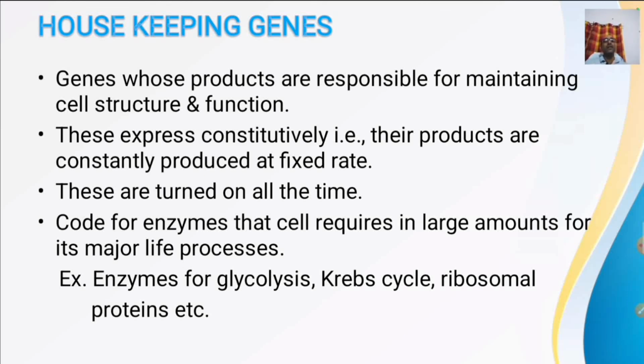But here we can remember that regulation is very essential. Regulation means they are sometimes turned on and sometimes turned off. But in the case of housekeeping genes, they are always turned on. They continuously produce their products at a constant, fixed rate.